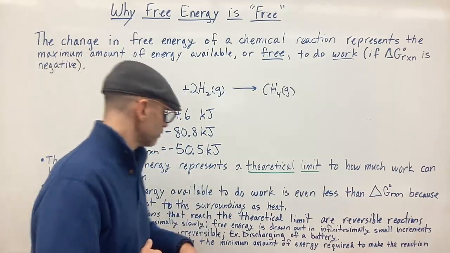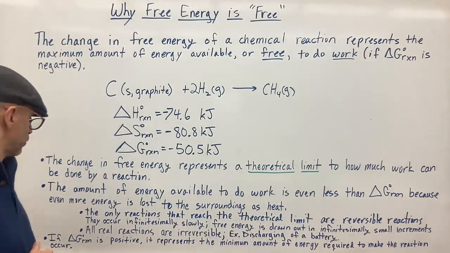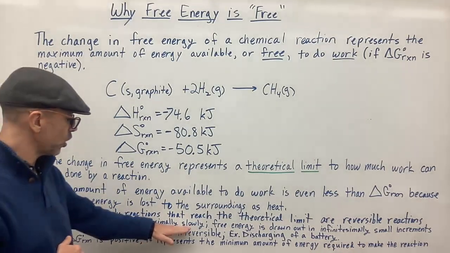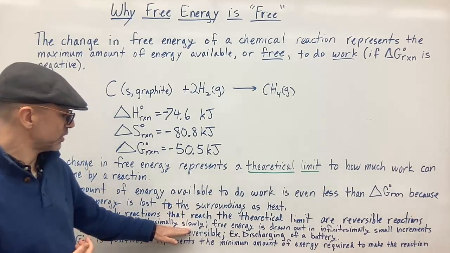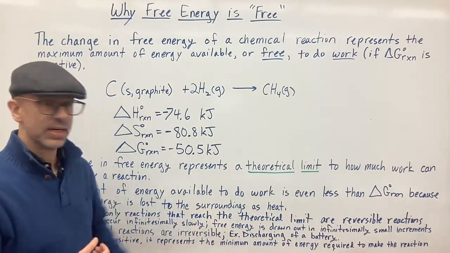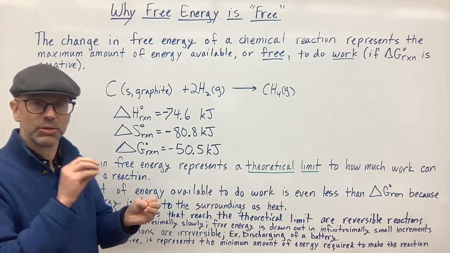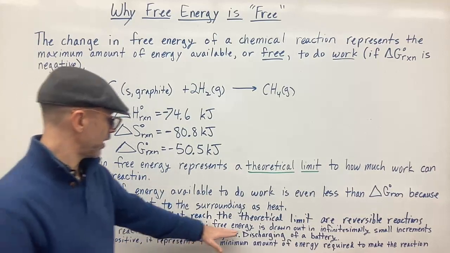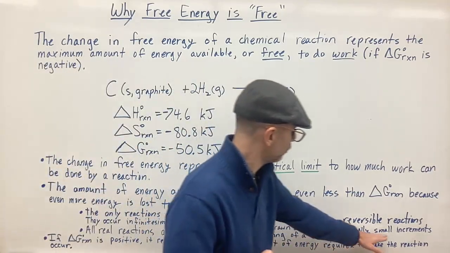So theoretical limits would only apply to those because they occur infinitesimally slowly, right? They occur infinitesimally slowly because you're adding or taking away infinitesimally small increments of energy. So the free energy is drawn out in an infinitesimally small increment.